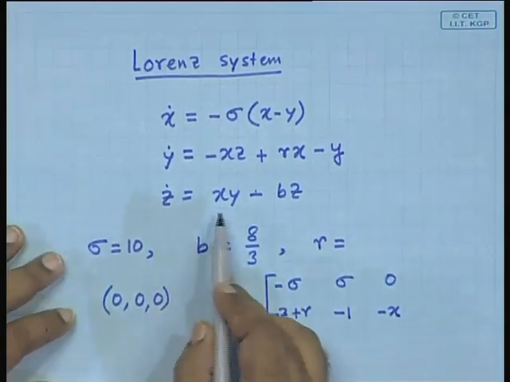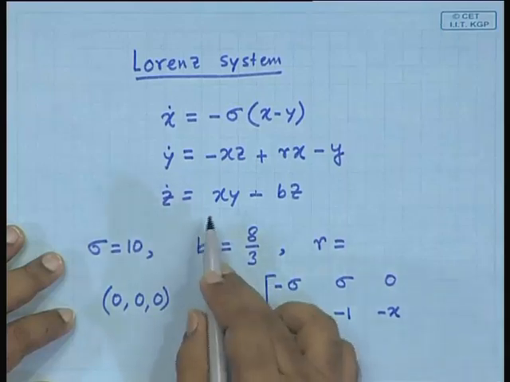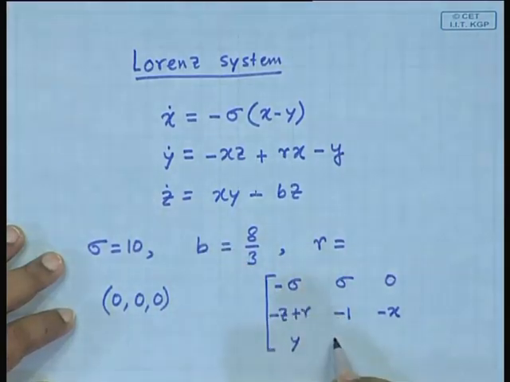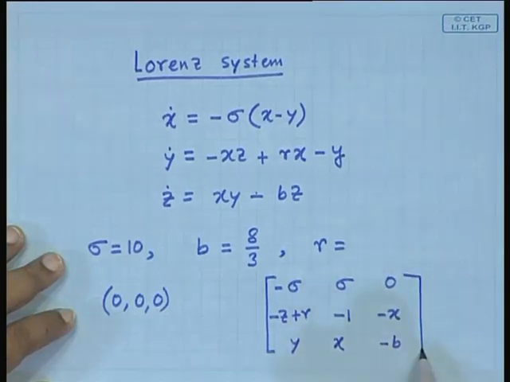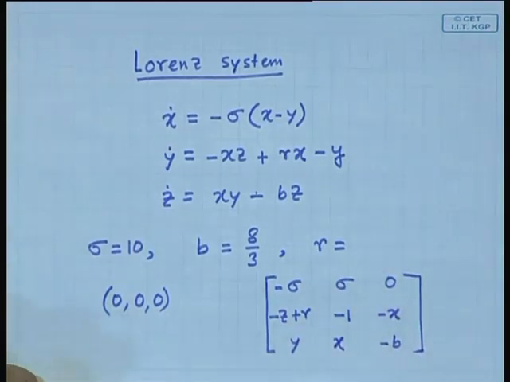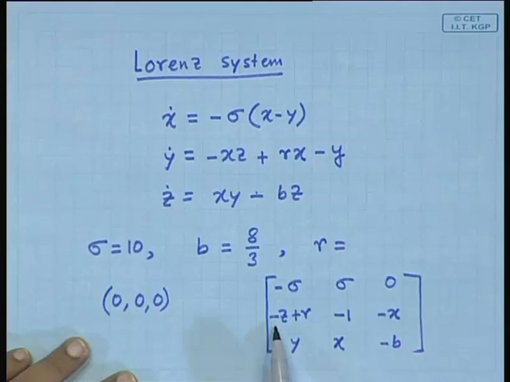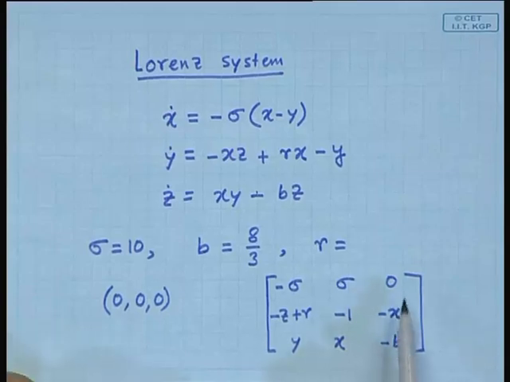Then this is y, x and minus b. So, this is the Jacobian matrix. If you put 0 0 0, this is 0, so r remains. Fine. You substitute this and find out when this equilibrium point will be stable.